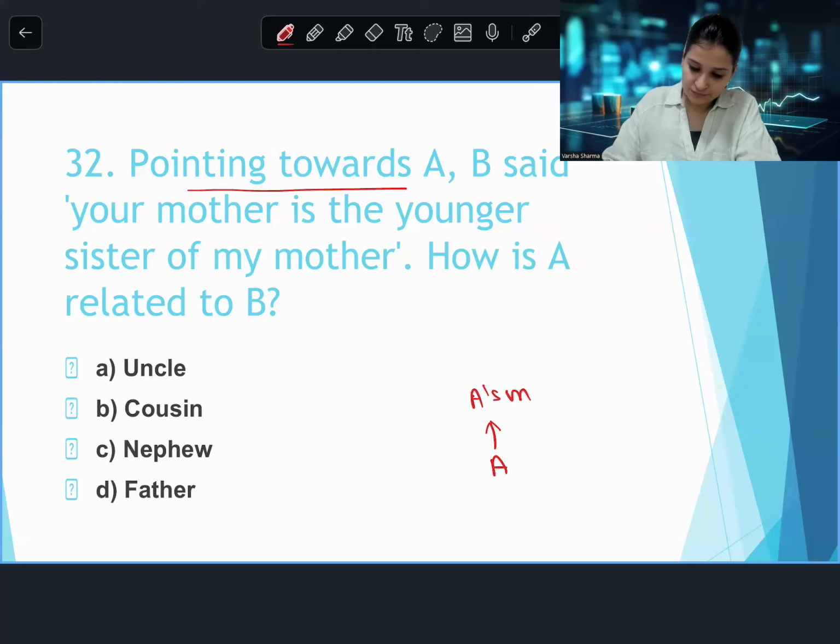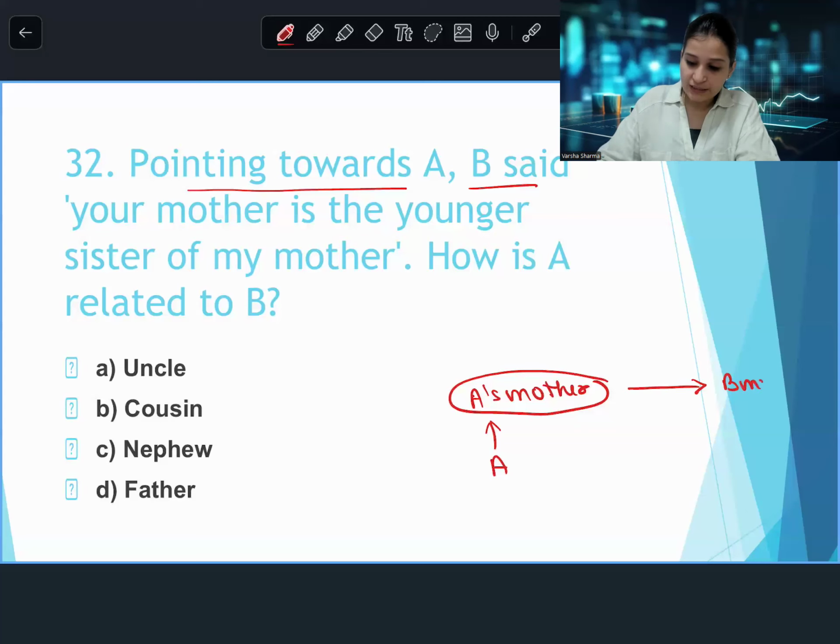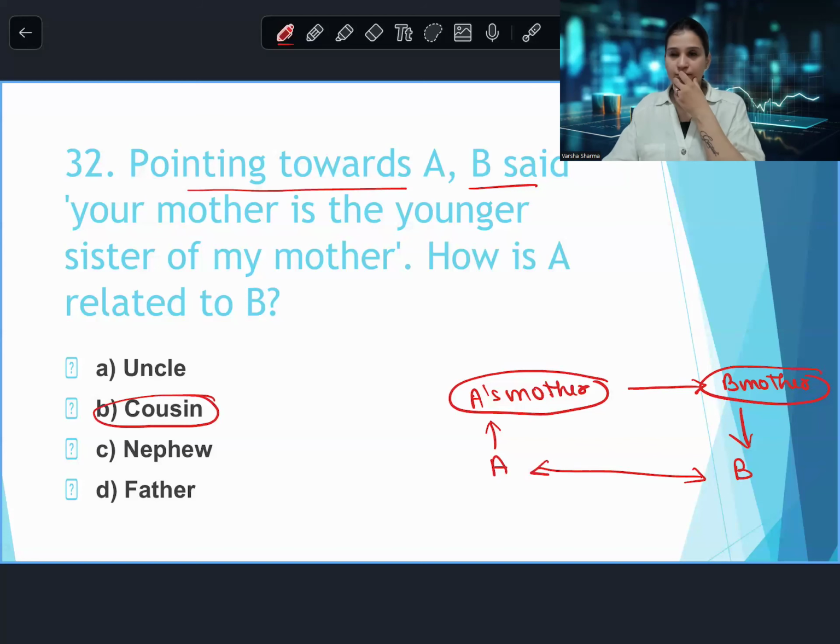A's mother is the younger sister of my mother. My means B's mother. A's mother is the sister of B's mother. So how is A related to B? They are cousins. Yes, ma'am.